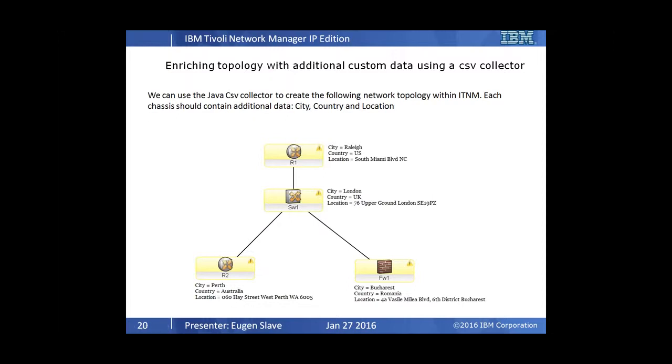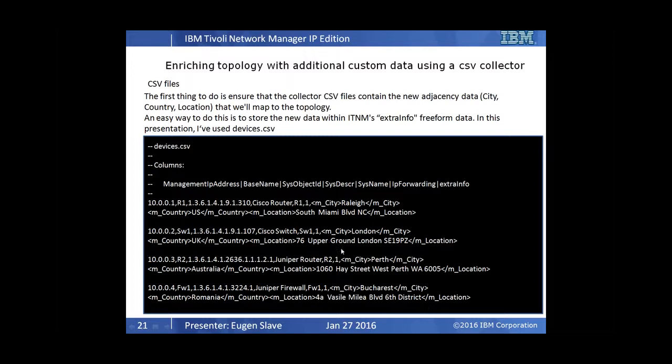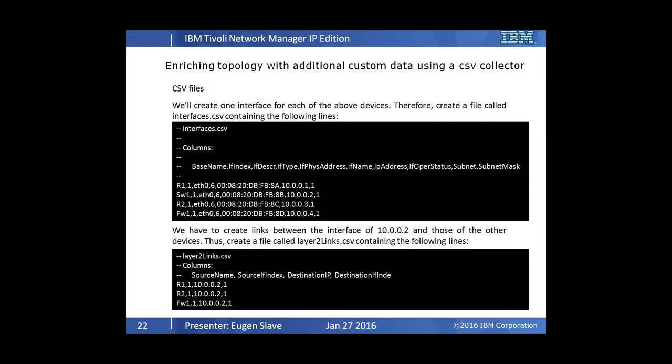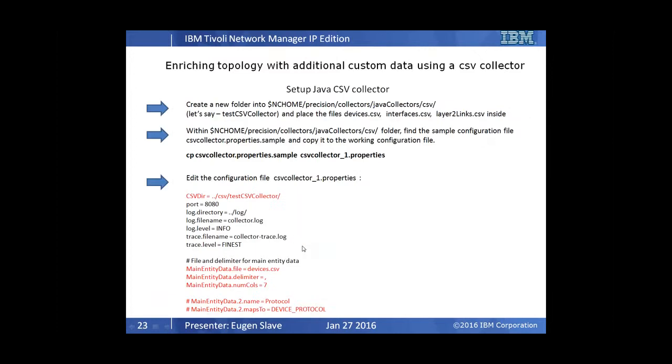Just two words: this is what I try to achieve, to add some information. Set up devices.csv, set up interfaces and layer 2 links for each device, and here you have to set up the CSV collector, and that's it.